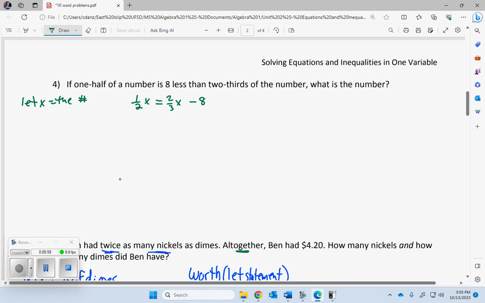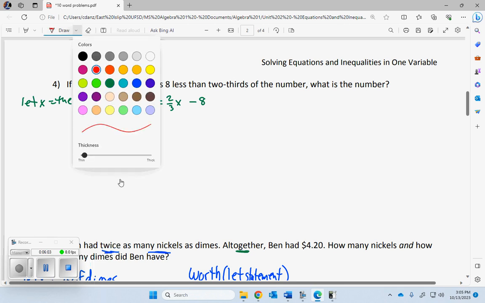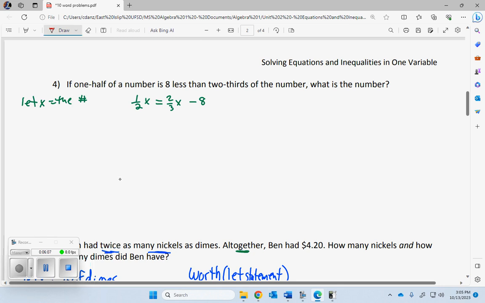Now, again, so many of you solve these problems incorrectly. Just deal with these fractions, please. This isn't so bad. Just subtract 2/3 x from both sides. If you don't know how to do 1/2 minus 2/3, which I wish you would, but remember, if you don't know how to, you have that calculator.